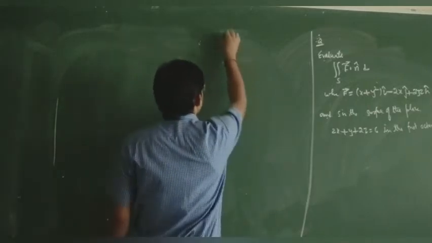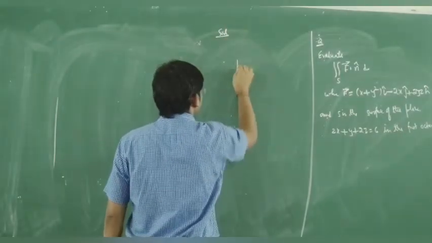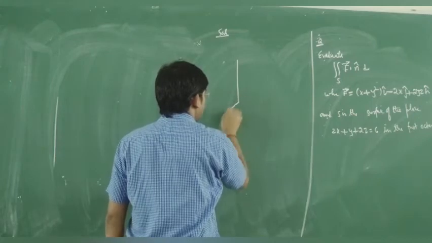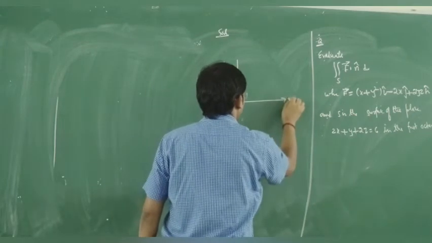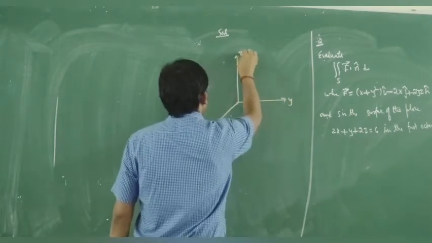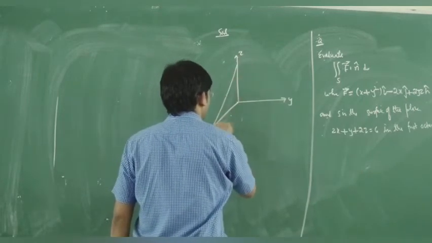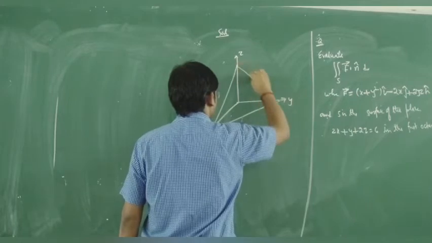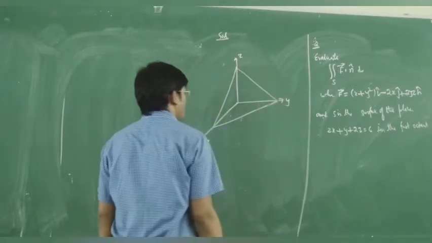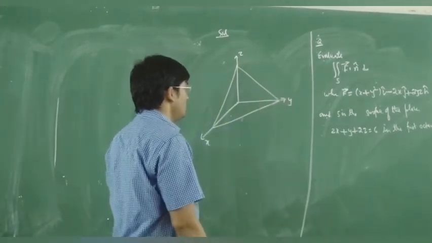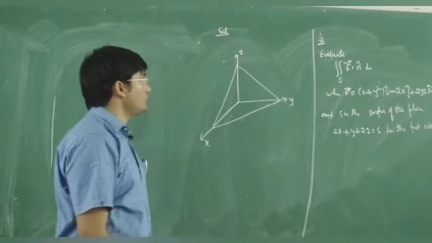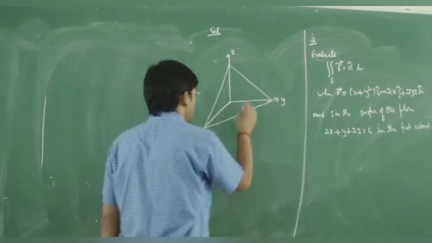So solution. Now let us draw this plane. Say this is your y-axis, say this is your z-axis, and say this is your x-axis. So now let us take the orthogonal projection of this plane in the xy plane.